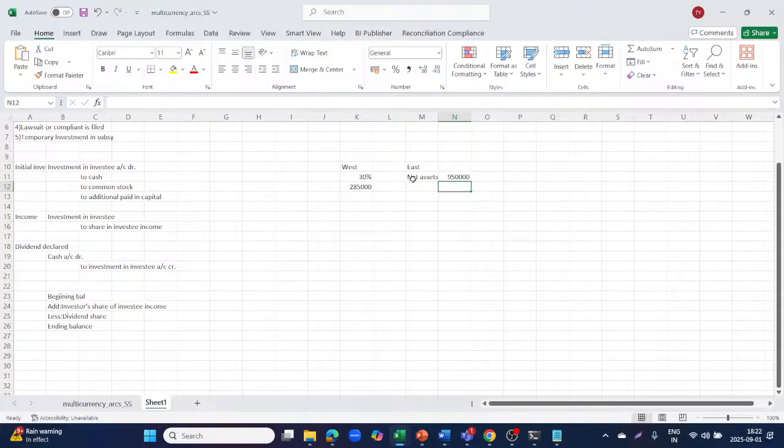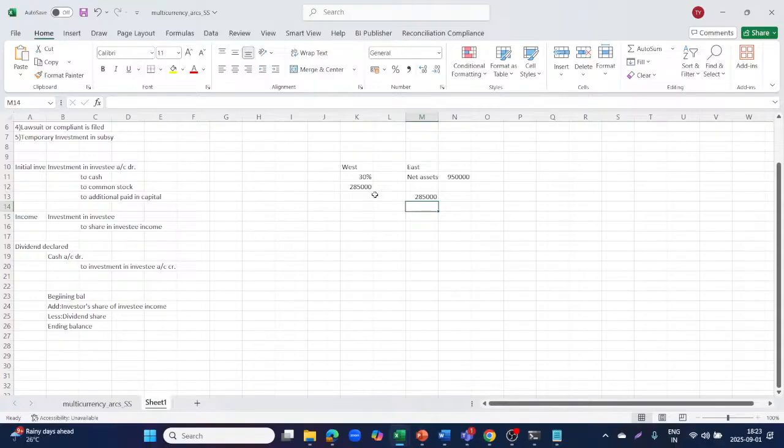So what you will do here, we will say 9,50,000 minus how much. West Company has acquired a 30% investment. Net assets were 9,50,000 and the investment value was 2,85,000. So we'll do the calculation as 9,50,000 into 30%, which is 2,85,000 only.